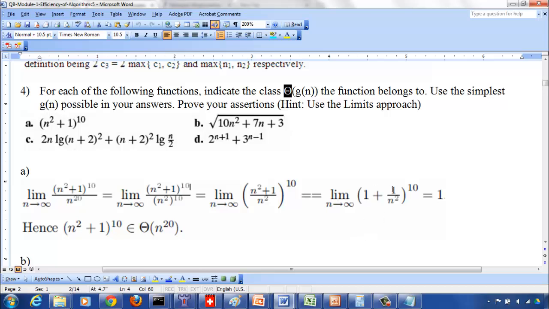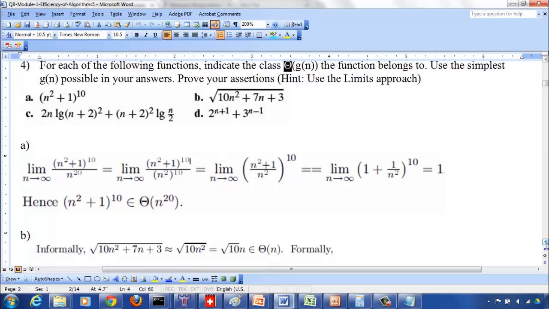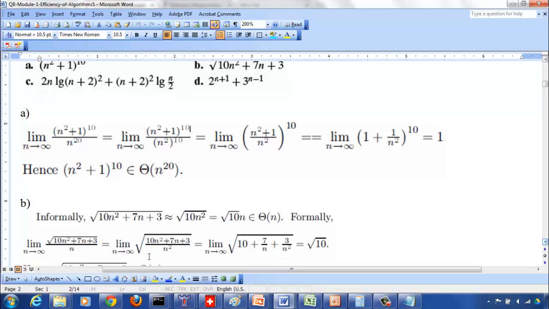As n tends to infinity, this term becomes 0. So 1 raised to 10 is 1. It's a constant, which means both the numerator and the denominator grow at the same rate as n tends to infinity. So you can say n square plus 1, the whole thing raised to 10, is theta of n raised to 20.